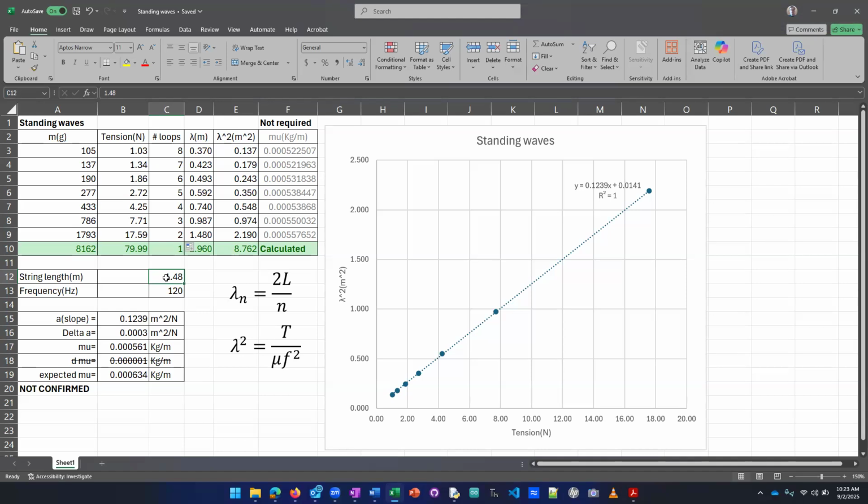I cannot really look at one end while holding the other end. I have to be much taller if I wanted to do that all on my own. So this is a little estimate, 1.48 meters. And the frequency is 120 hertz. We have it from the 60 hertz of AC and vibrate 2 times to create 120 hertz.